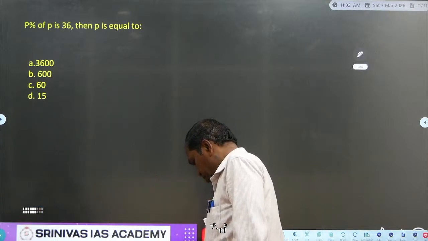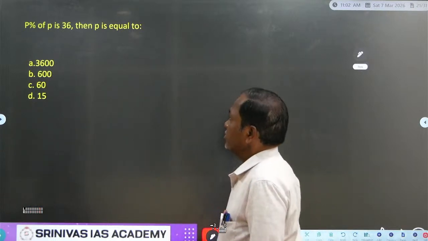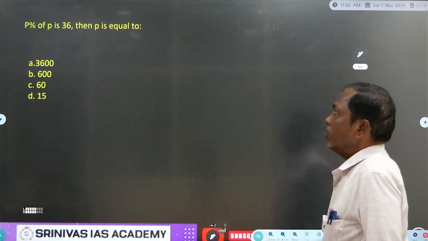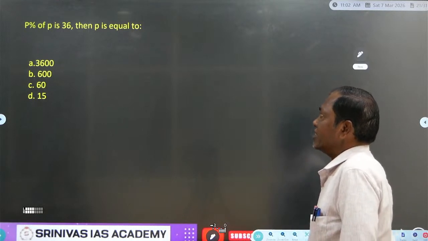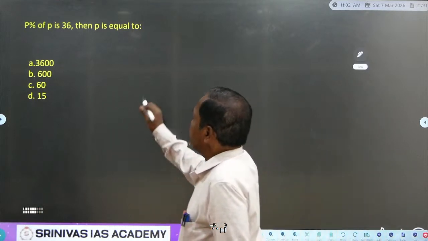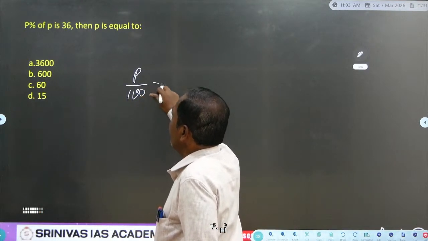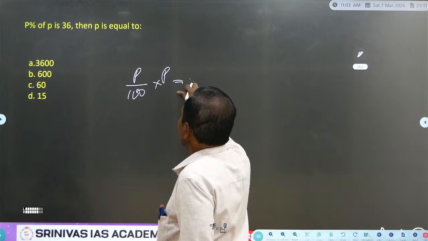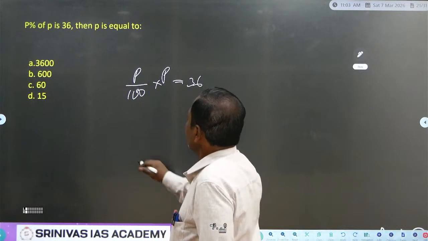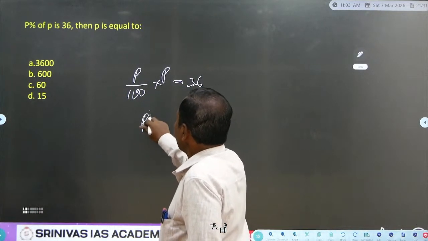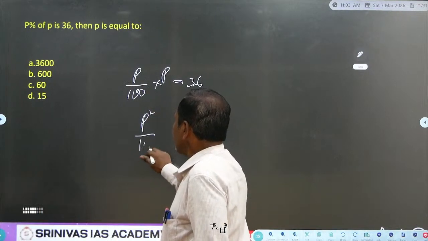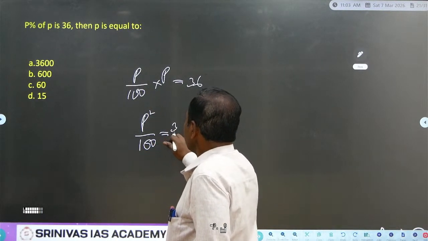So you got it, no? Yes. Now P percent of P is 36, then what is P? P percent means P by 100 of P is 36. P into P is P square by 100 equals 36.